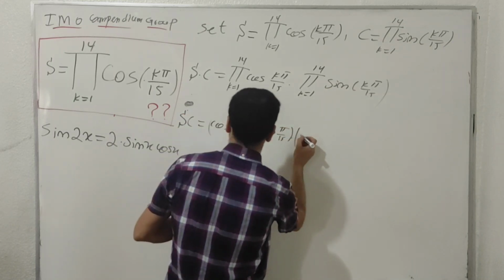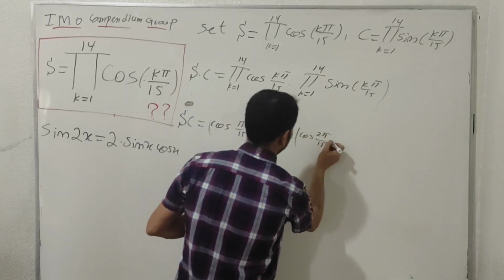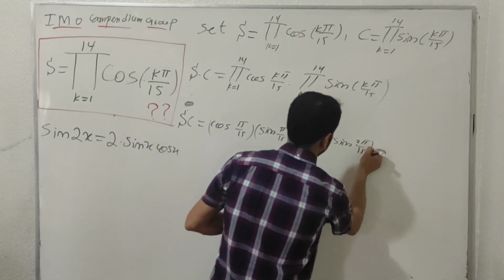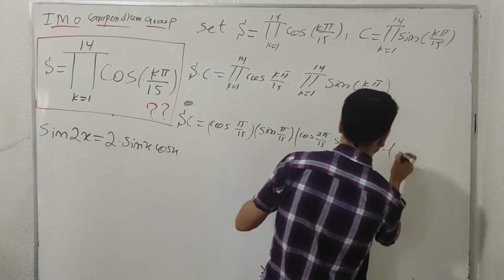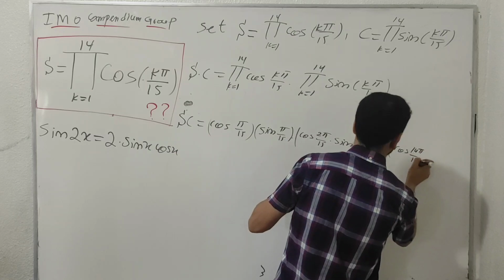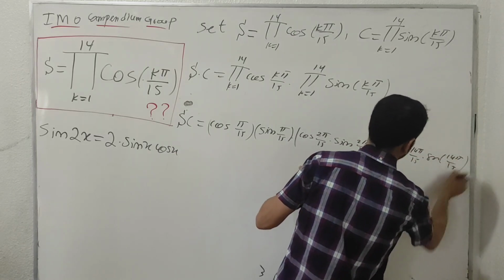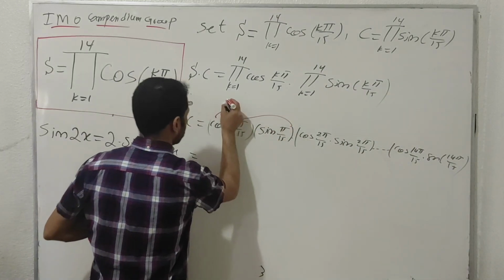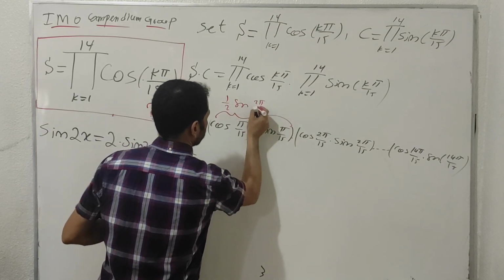The second term is cosine of 2 pi over 15 multiplied by sine of 2 pi over 15, and all the way down to the last term, which is cosine of 14 pi over 15 multiplied by sine of 14 pi over 15. These two terms are the same as half of sine of 2 pi over 15.